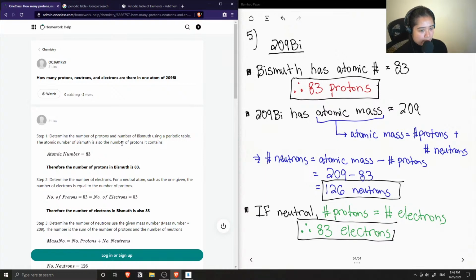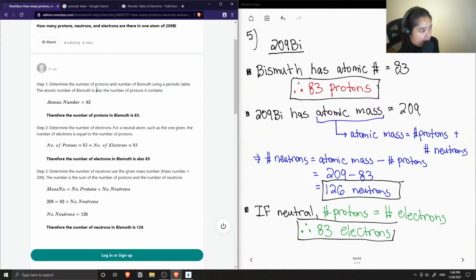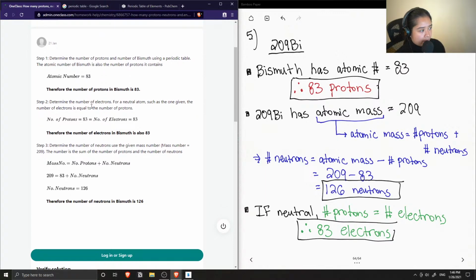So now let's see what the junior tutor said. Step 1 is to determine the number of protons, I'm guessing the atomic number of bismuth, using a periodic table. The atomic number is also the number of protons it contains, so we have 83 protons. Step 2 is to determine the number of electrons for a neutral atom.